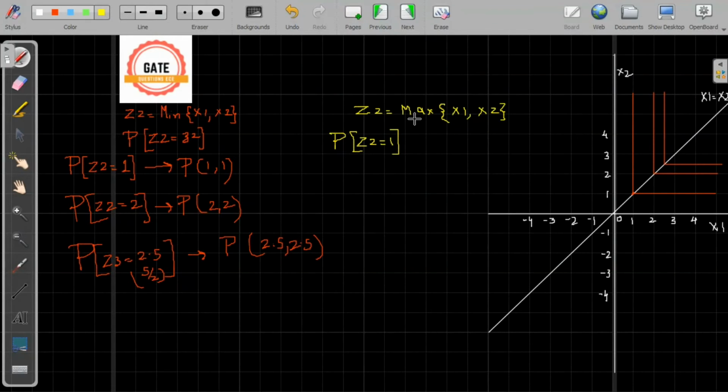Similar to the minimum function, the corner point for this will remain the same. So point P will be 1, 1. But the boundary will be different. We saw in the part 1 and part 2 videos of this question that for this case the boundary will be this.